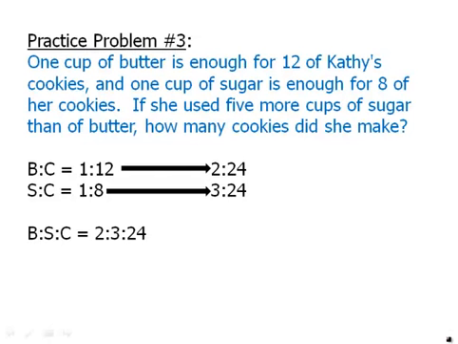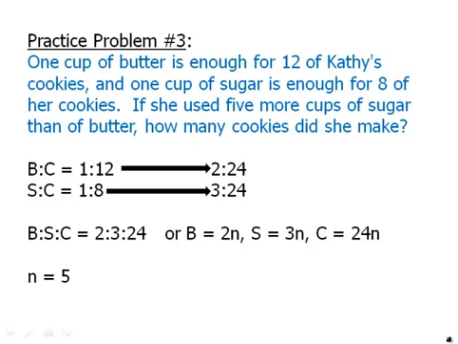And at this point, because we're talking about a difference, I'm going to express these in terms of scale factor. So in other words, butter is 2n, sugar is 3n, cookies are 24n. And so the difference between sugar and butter is simply n. Well, we know that that difference should be 5 cups. So in other words, n equals 5.